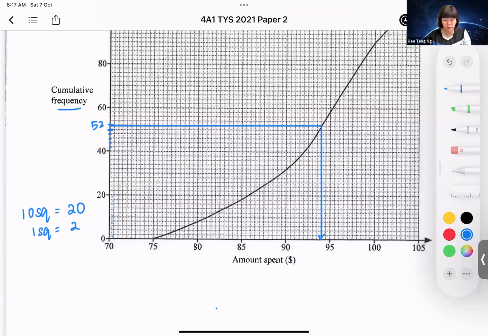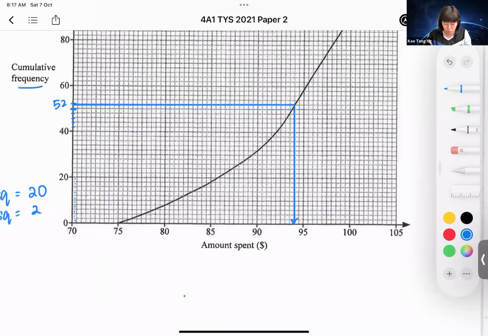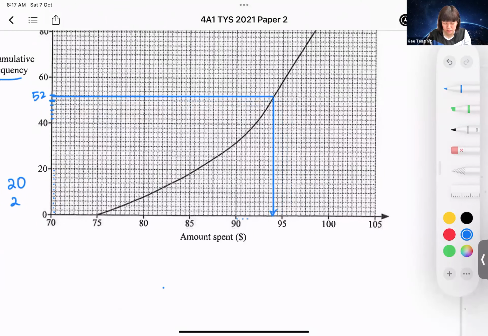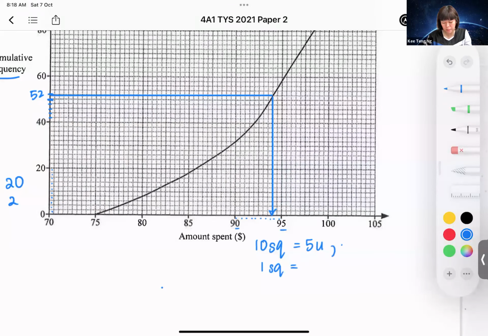How to read this value over here? Let's count. 1, 2, 3, 4, 5, 6, 7, 8, 9, 10. 10 squares equal 90 to 95, right? 5 units. So 1 square, you divide by 10, 5 divided by 10, 0.5 of a unit. If it's 0.5 of a unit, it means 2 small squares will give you 1 unit.